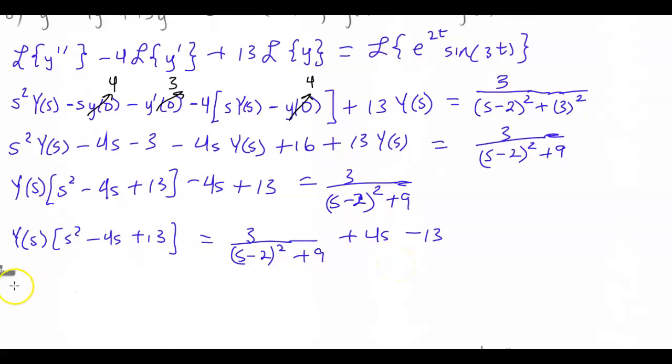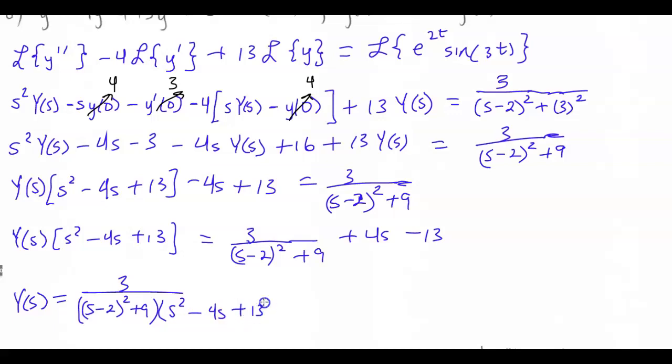And then finally, we will solve for Y of S. And this will just be 3 divided by S minus 2 quantity squared plus 9, all that times S squared minus 4S plus 13. And then this will be 4S minus 13 over S squared minus 4S plus 13.